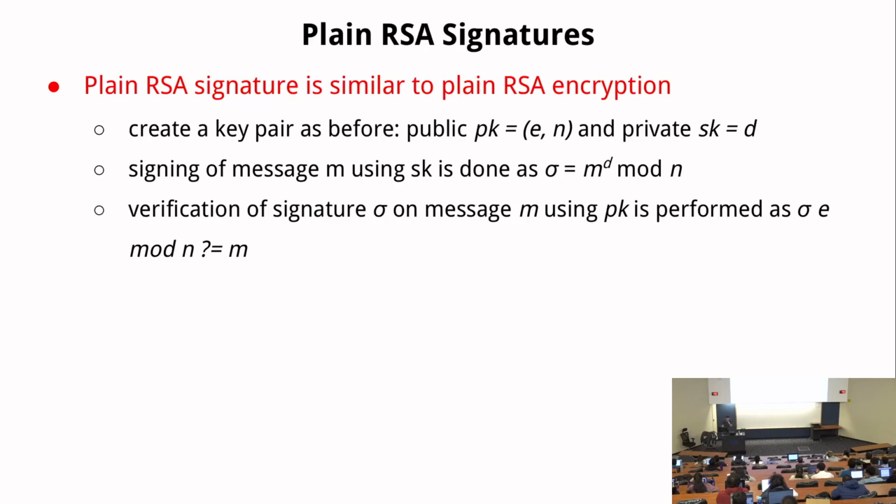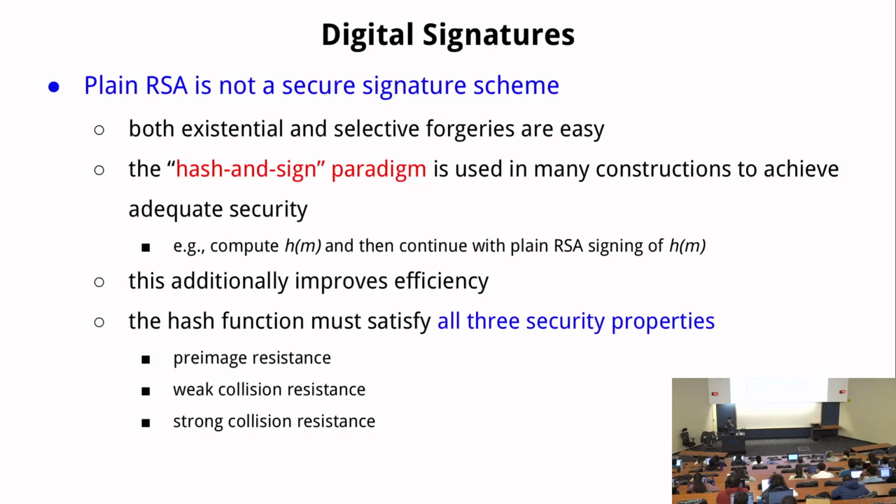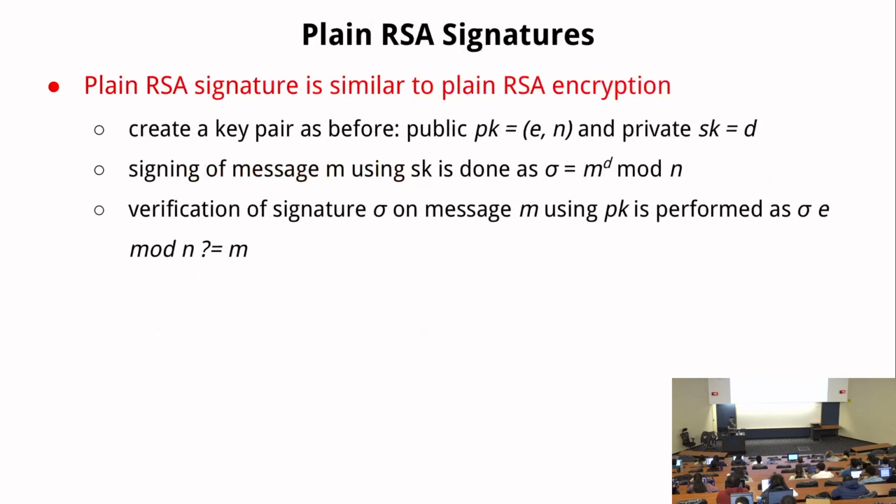The problem is, first of all, it's subject to both existential and selective forgery attacks. Another problem is that it will be very slow. If your message is long, 5 gigabytes, 100 gigabytes, you are basically doing a full encryption on top of that message. That will be very slow, because mathematically encryption and signing are the same thing, right? So that's why usually we don't do that.